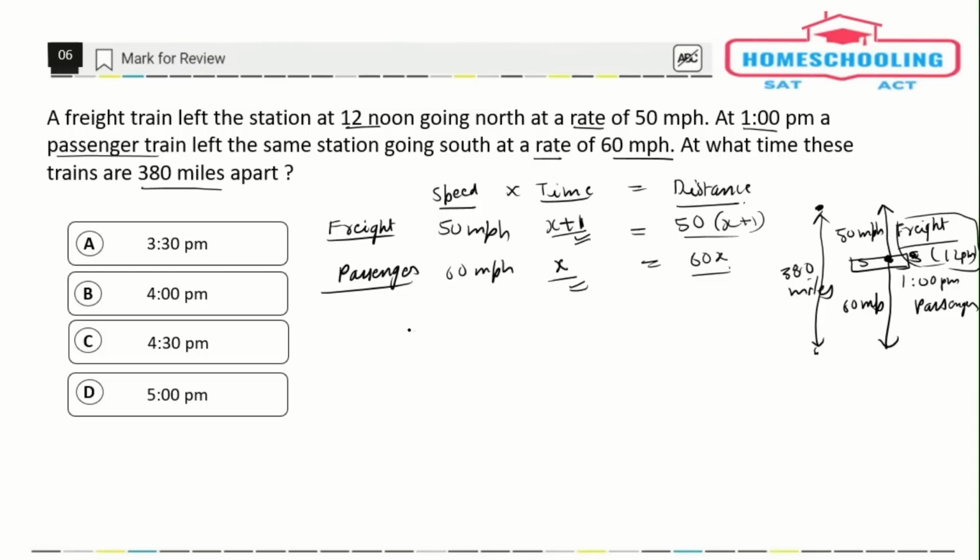So distance of freight plus distance of passenger is equal to 380 miles: 50 times x plus 1, plus 60x, is equal to 380.